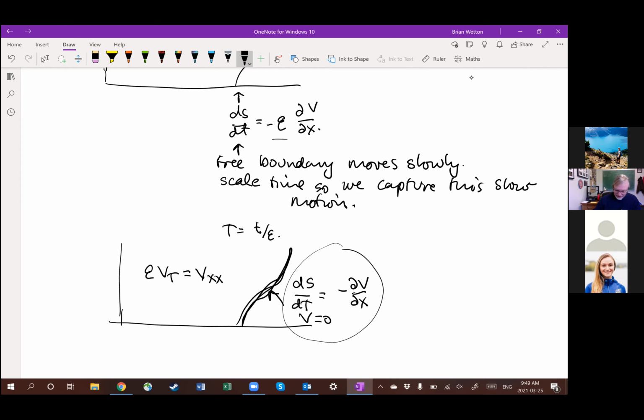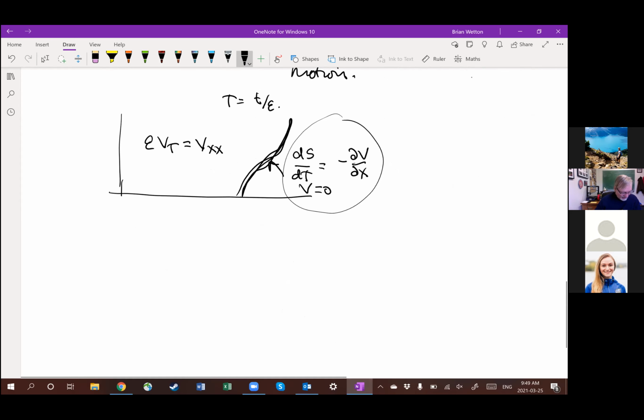But now I see that this means the temperature time scale is quite fast. So it's going to reach a quasi-equilibrium in the time scale that this is moving at.